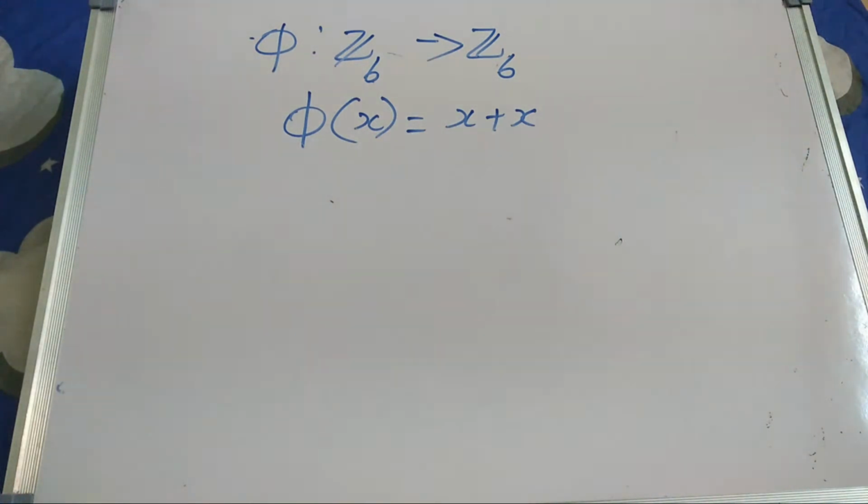Please try to find what will be the kernel of this homomorphism. Please calculate it now. First check whether this is a homomorphism. Maybe I will give you that relaxation: this will be a homomorphism. Try to check what will be the kernel of this.